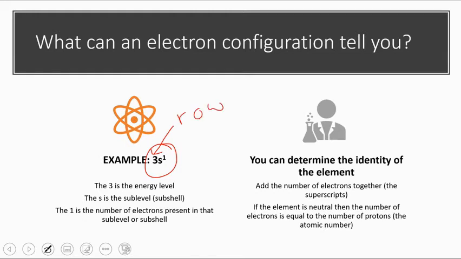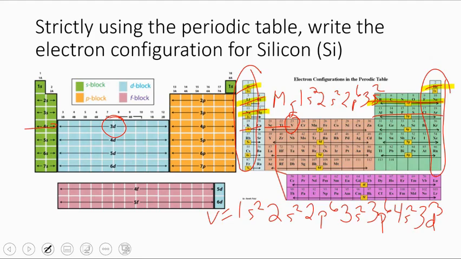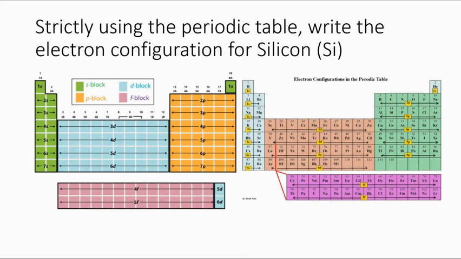And I know from s1 that that's an alkali metal. So row 3, alkali metal, 3s1 would be sodium. So really, you could look at the end of the electron configuration, and that'll give you the identity of that element.